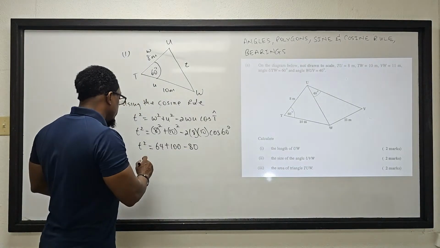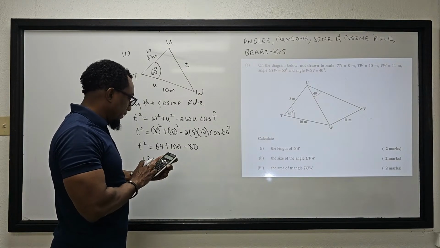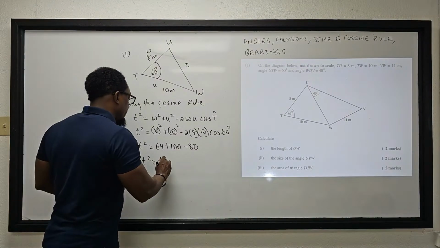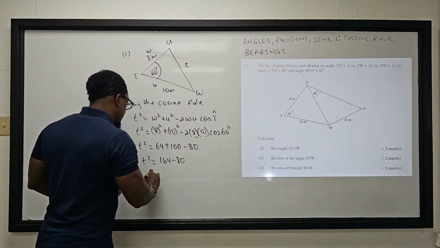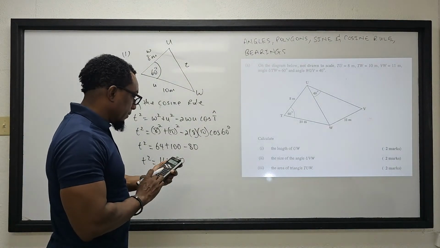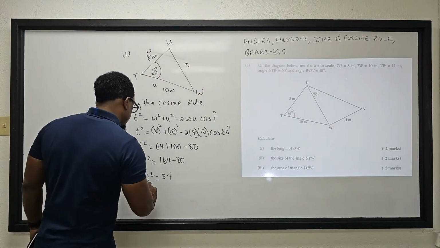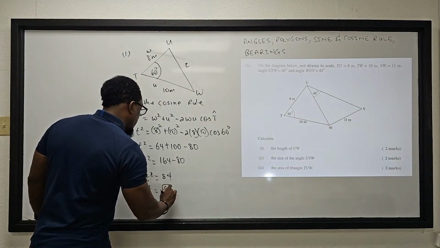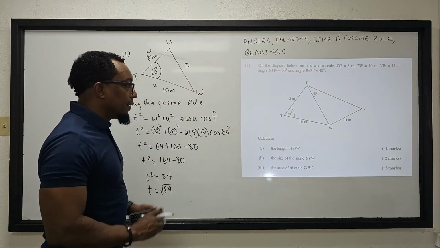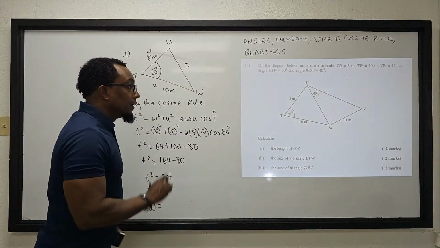Alright, so this will be t squared is equal to 64 plus 100. That's 164 minus 80. So 164 minus 80 will give us 84, and therefore t is the square root of 84. And what's the square root of 84? So this is UW, sorry.